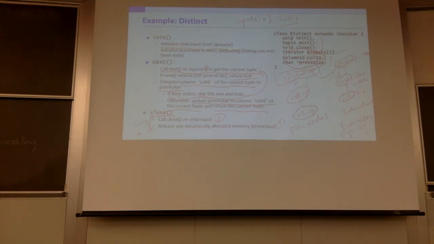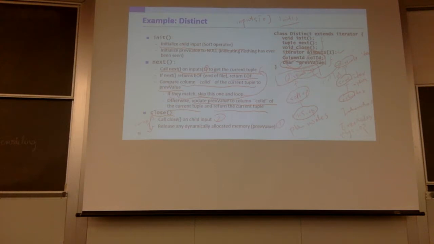What's your reasoning for calling close on the child after? So what really can happen is that, remember this is a char star, right? It's a pointer. So in reality, you don't actually copy tuples across the iterators. You just pass pointers. So it could be the case that this pointer belongs to your child iterator.